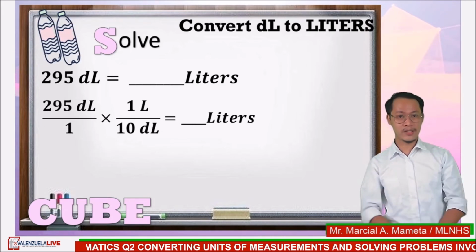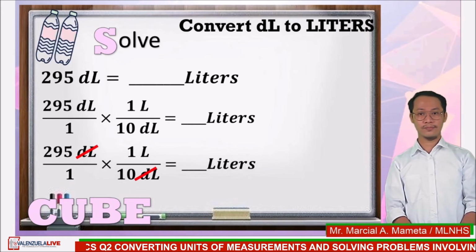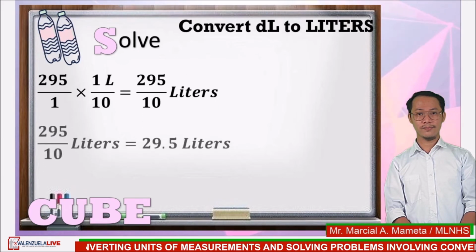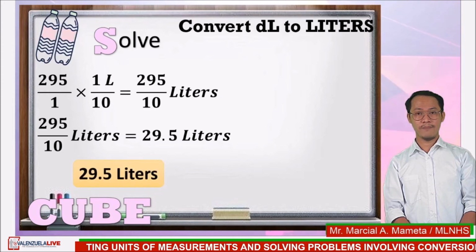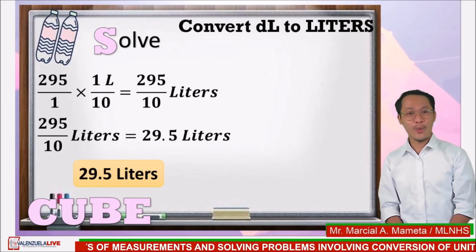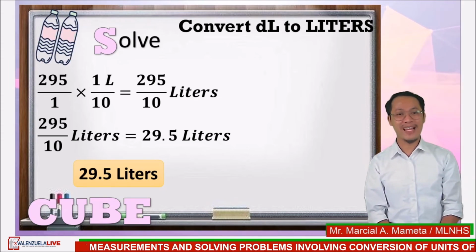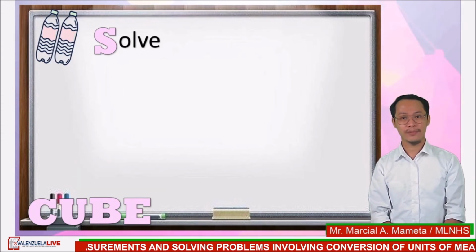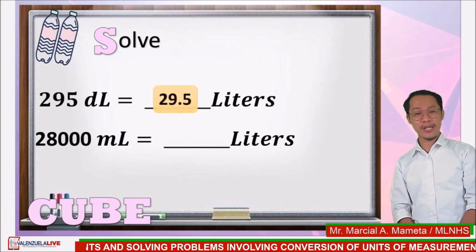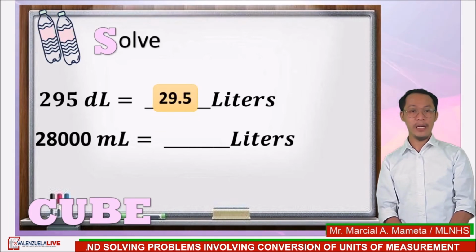So here is the solution. 295 deciliters is equal to 29.5 liters. Again, 295 deciliters is equal to 29.5 liters.